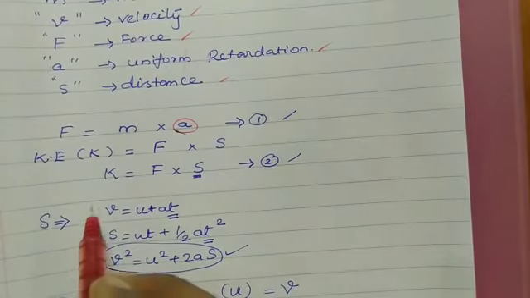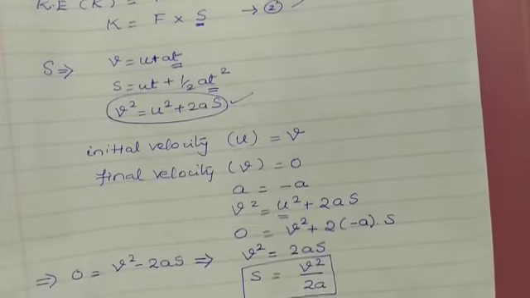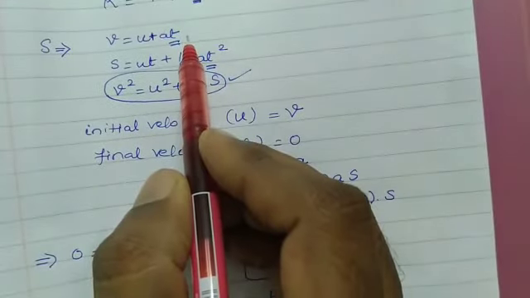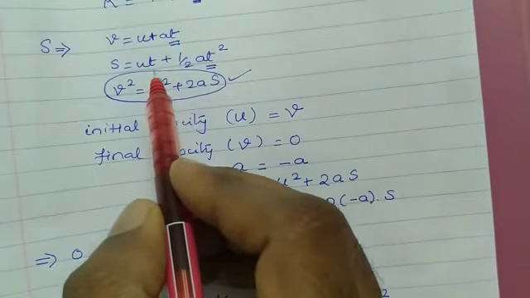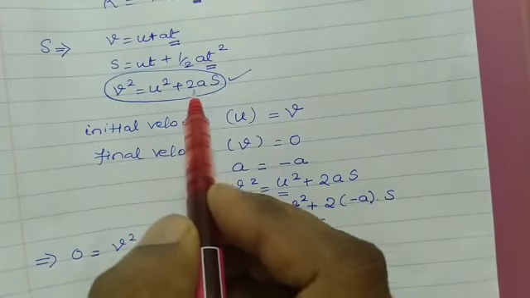Now we have to calculate the displacement. We know the equations of motion: V equal to U plus AT, S equal to UT plus half AT square, V square equal to U square plus 2AS.